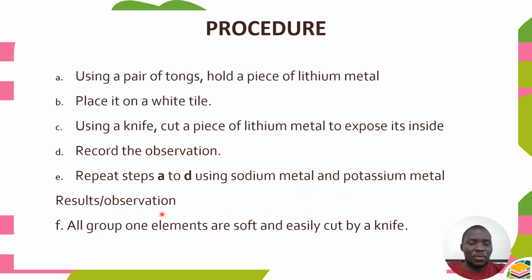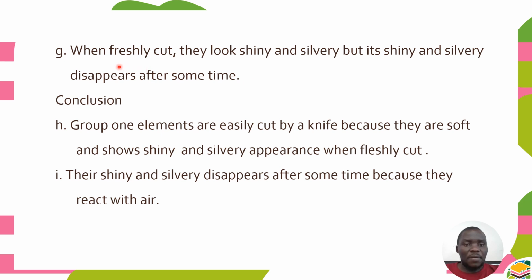The results and observations: all group 1 elements are soft, such that when you cut, they are easily cut by a knife. When freshly cut, they look shiny and silvery inside, but the shiny and silvery appearance disappears after some time.